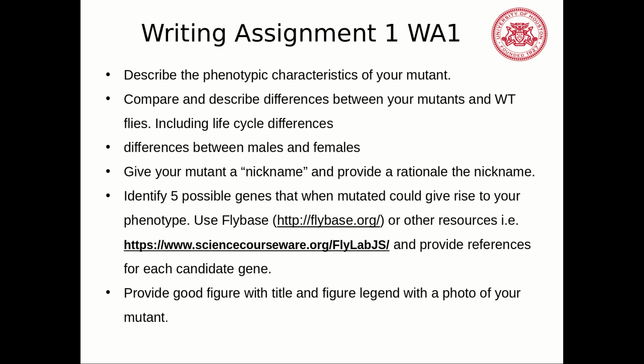Describe the differences between the males and the females. Maybe it's not the same. Maybe the males have even whiter eyes. I don't know what more white is, but maybe the females have off-white eyes and the males have really sharp white eyes. That isn't the way it works, by the way, but if you saw something like that, you would need to report it.